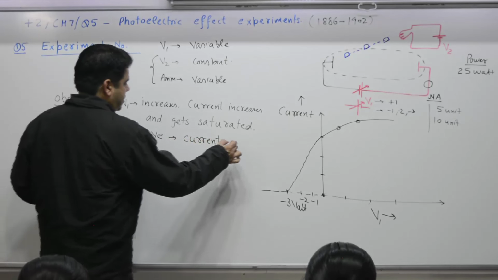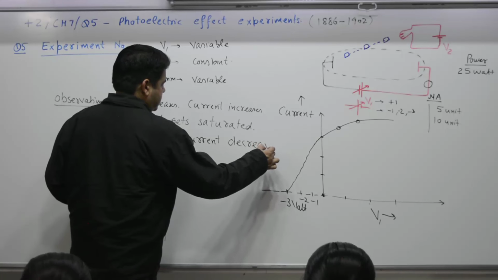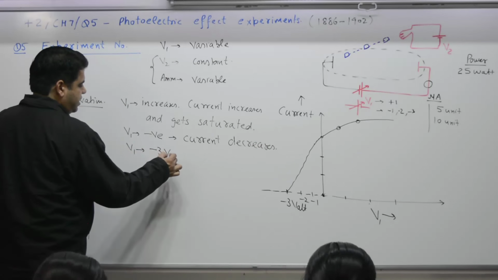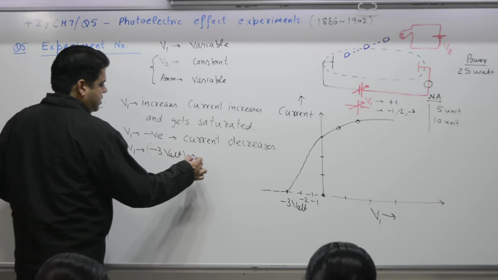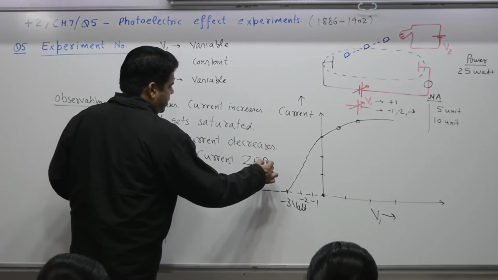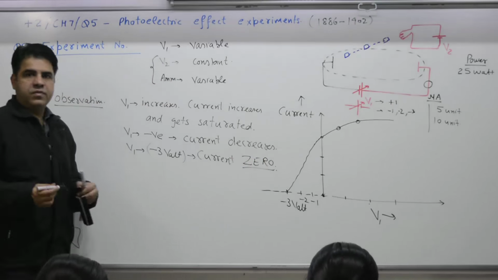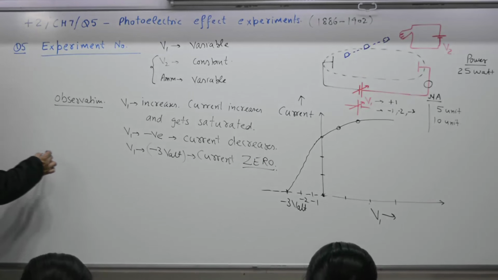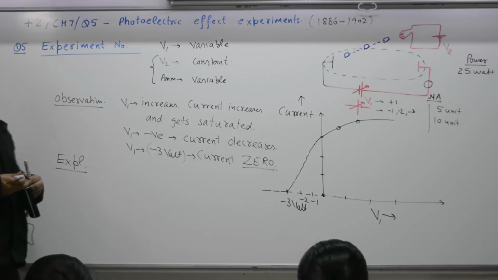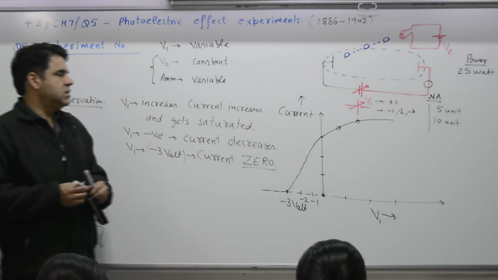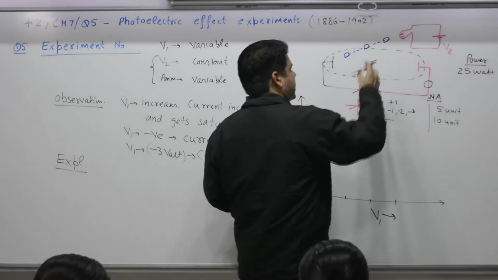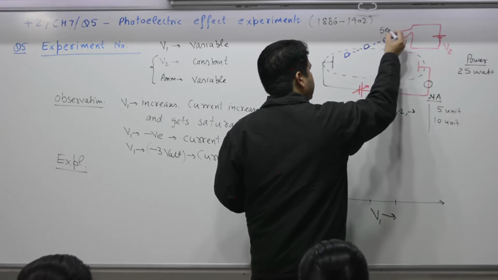Current decreases. And when V1 is, say, minus 3 volt, in this particular case, current reduces to 0. What was the explanation given? Explanation given by Einstein was that when the bulb is fixed, you are getting a photon of, say, 5 electron volt.